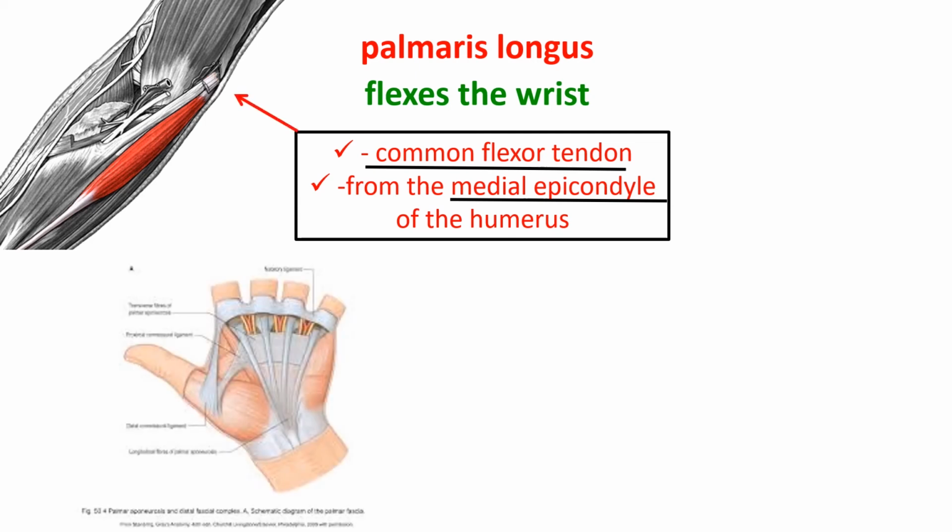And here we are at the destination of palmaris longus. It attaches to the palmar aponeurosis, and it is producing tightening of this aponeurosis for good grip and as well as flexion of the wrist.